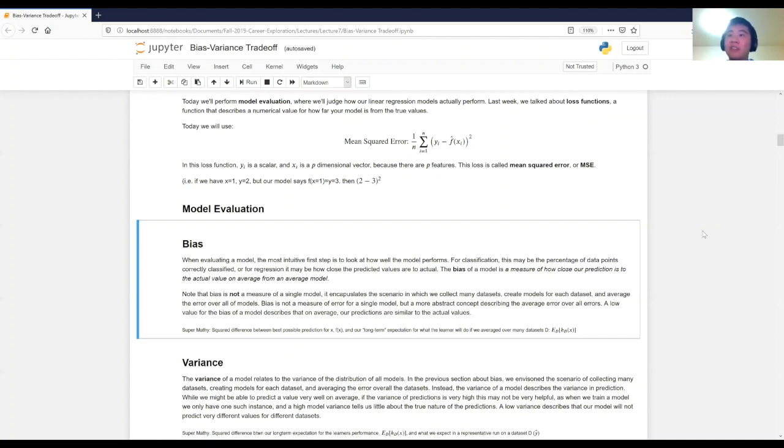Bias only exists on a multitude of models trained on a lot of different data. And if the average of those models is still different from the true value, then I can say that bias exists.